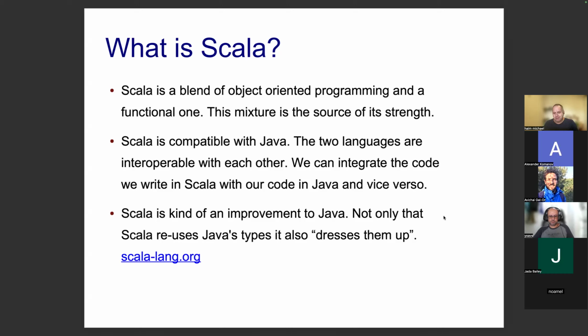Scala was developed based on Java. When you code in Scala, the code is compiled into Java bytecode, similarly to code you write in Java. When you code in Java, the code is compiled into Java bytecode, and then the Java bytecode is executed on top of the Java virtual machine. The same happens today with nearly any programming language you think about.